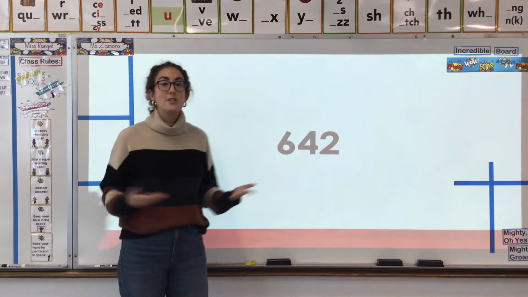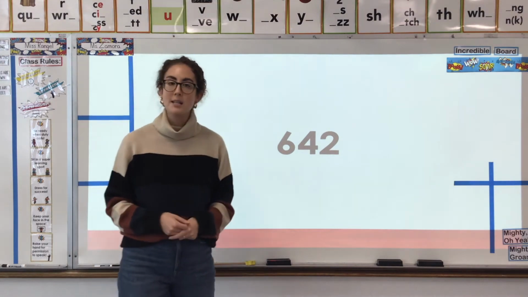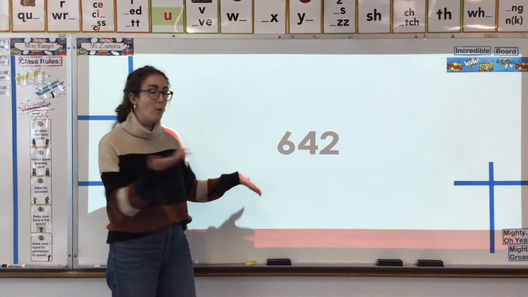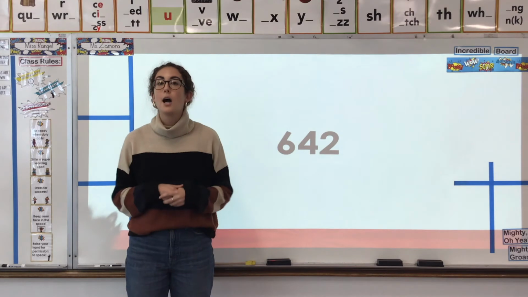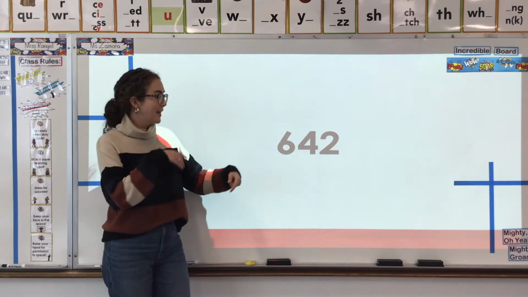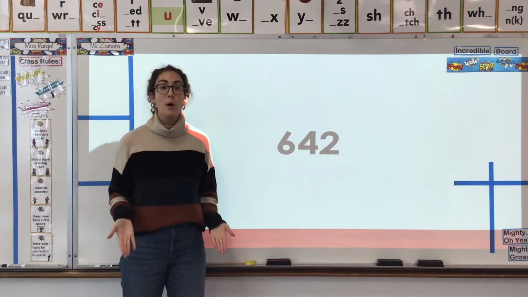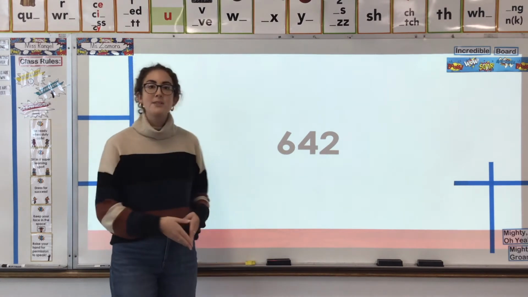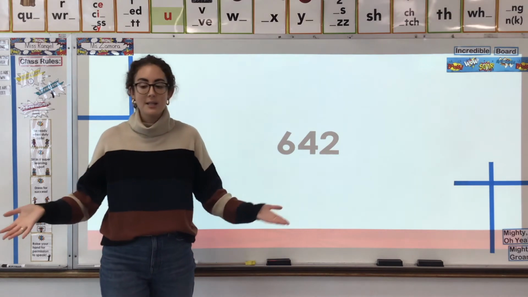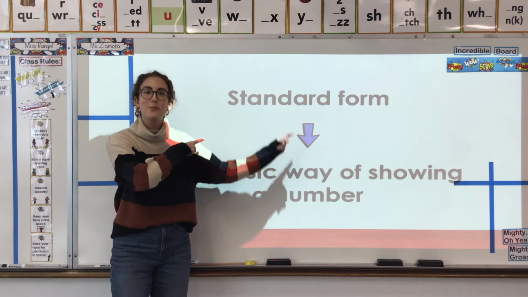This number is written the way that most of us are used to seeing numbers written, and the way that most people throughout the world would write a number to represent a group. And writing numbers this way is already one of the forms that we're learning. We're just giving it a name. So when we represent a number with just digits, that is called standard form.